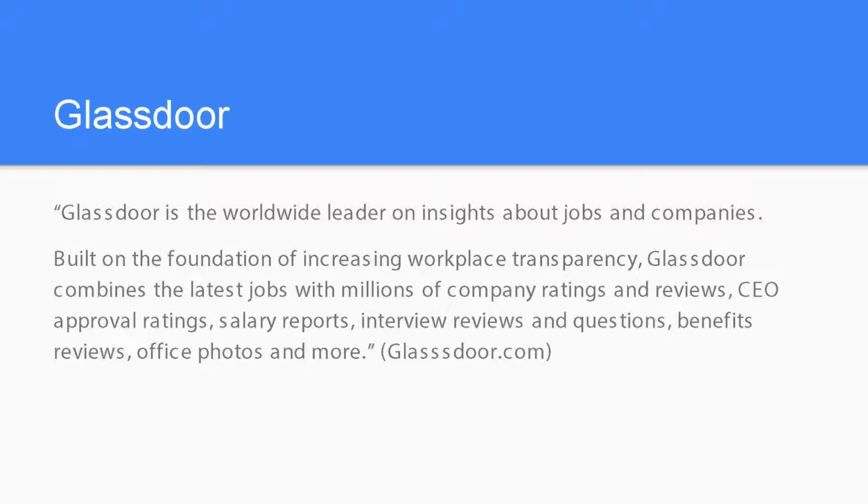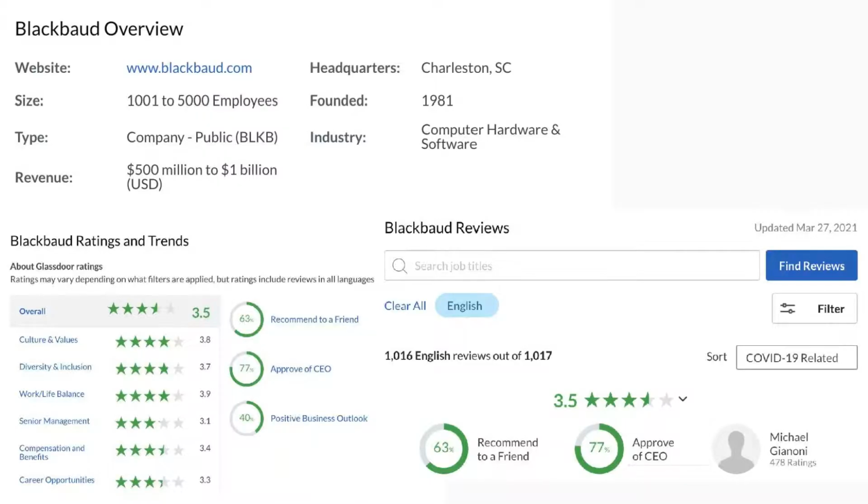But there are a lot of other data points in here, which is why it excites me a lot. This is company level data. Obviously, I'll probably get revenue and company size from a more official data set, but they have it in here, and they have the headquarters, where it's founded, the industry, and so on. And then they have an overall rating, but also sub ratings.